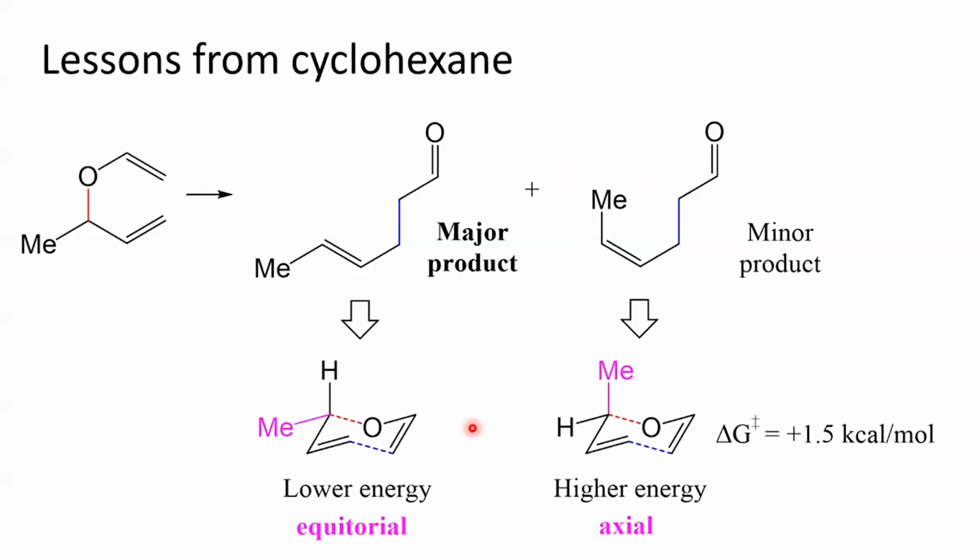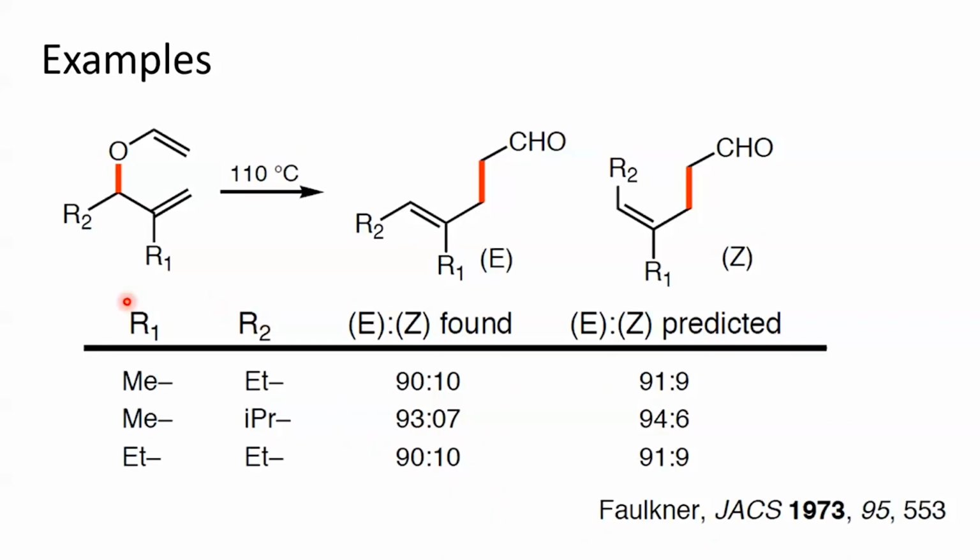And we can justify this by looking at the transition states. So it's the exact scenario we talked about on the previous slide. Here we have our methyl group in an equatorial position. Here we have the methyl group in an axial position. This transition state is higher in energy than this transition state, meaning this transition state is more likely to proceed than this one.